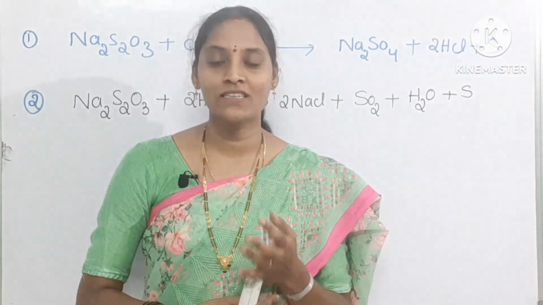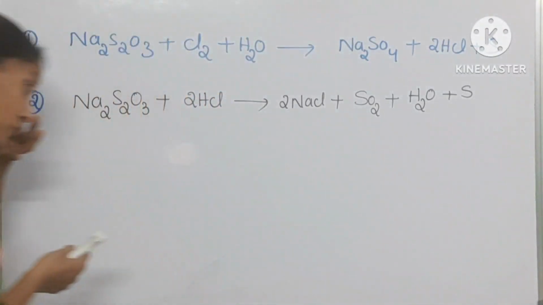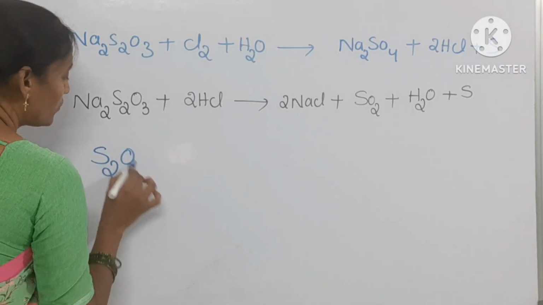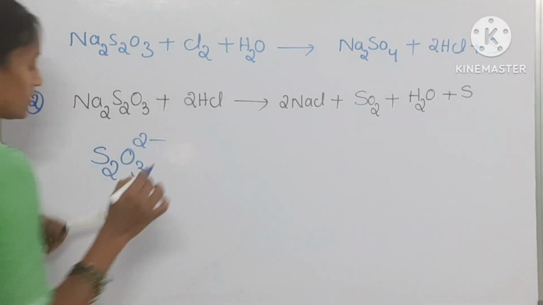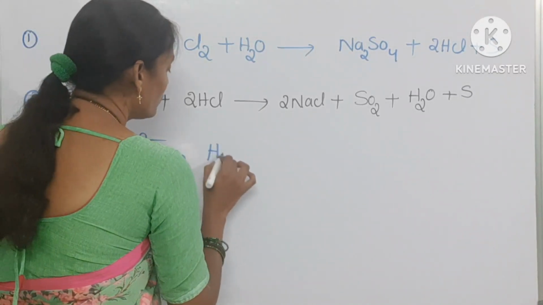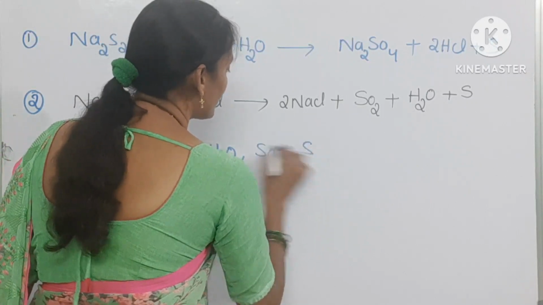Generally this reaction is helpful to differentiate two ions. The first one is S2O3 2 minus, the thiosulphate ion, which forms water, sulfur dioxide and sulfur.